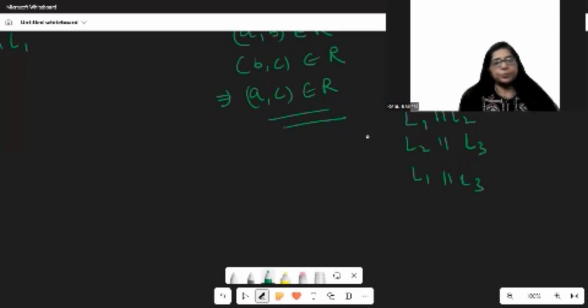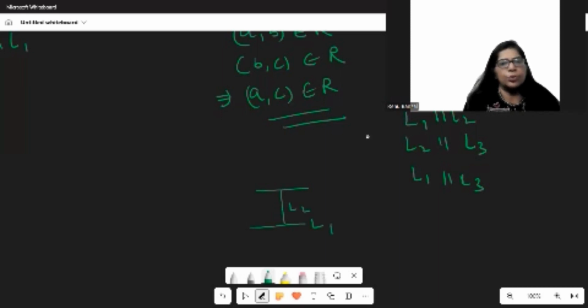One more example of such lines, we are talking about perpendicular lines. This is L1. This is L2. This is L3.